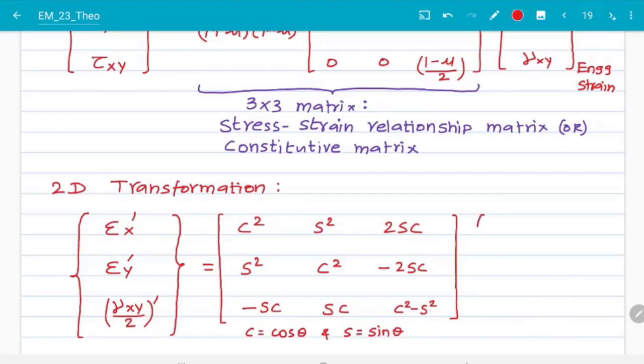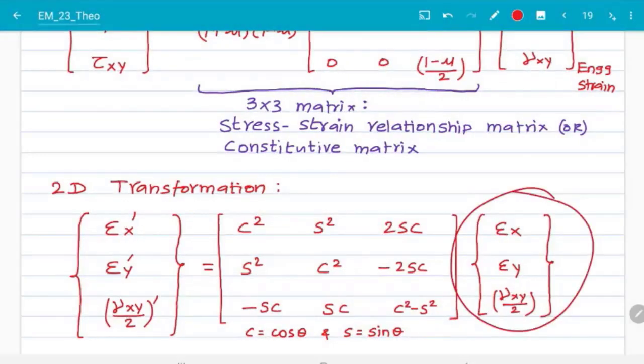Then it is our epsilon x, epsilon y, gamma xy by 2. So these are the strain components before transformation. This is before transformation. This is after transformation.